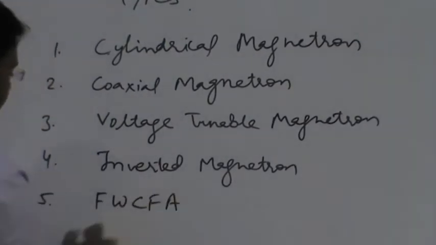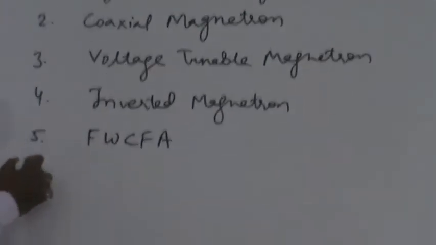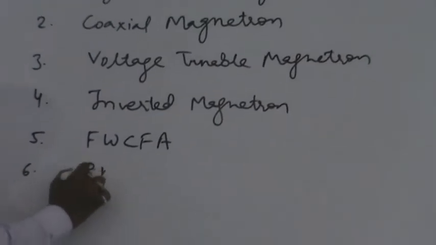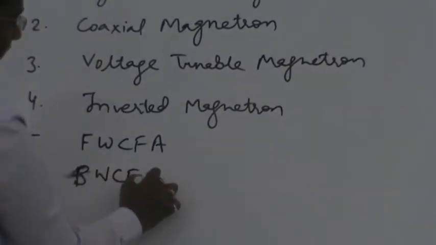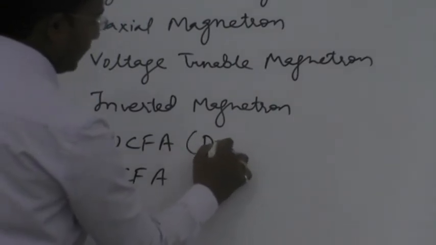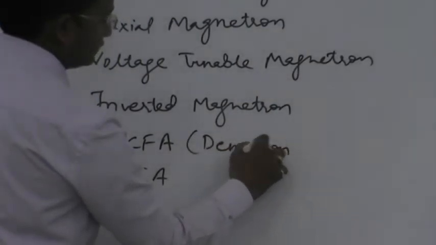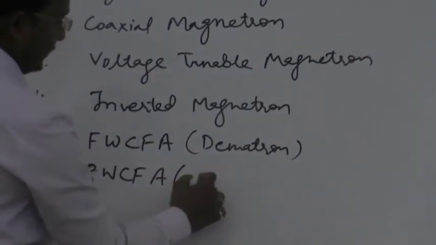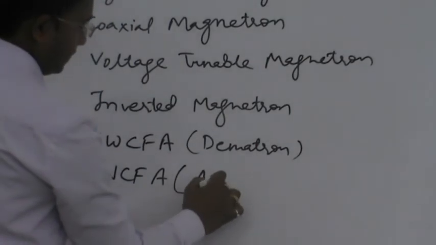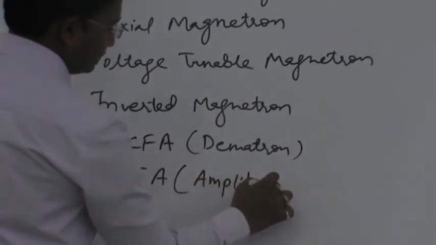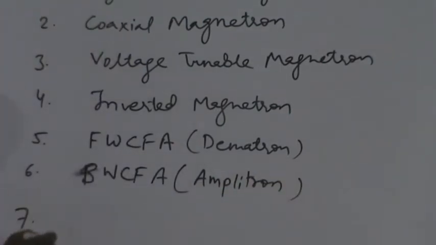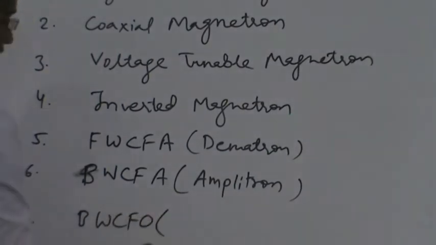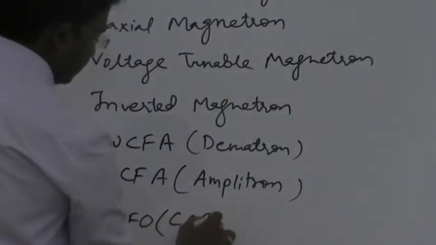forward wave cross field amplifier FWCFA, and backward wave cross field amplifier. The trade name for this is Dematron, the popular name for FWCFA, and BWCFA is known as Amplitron.